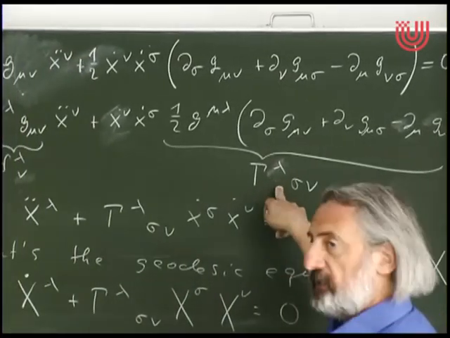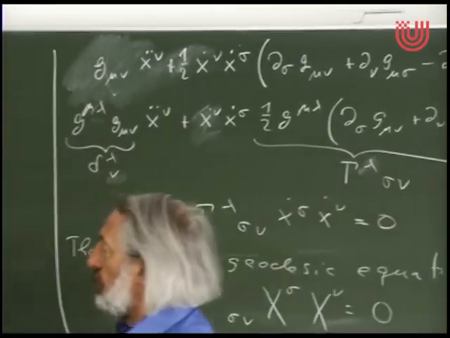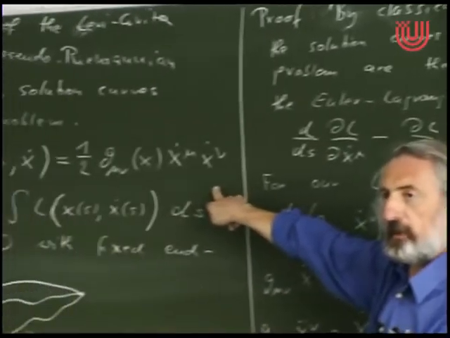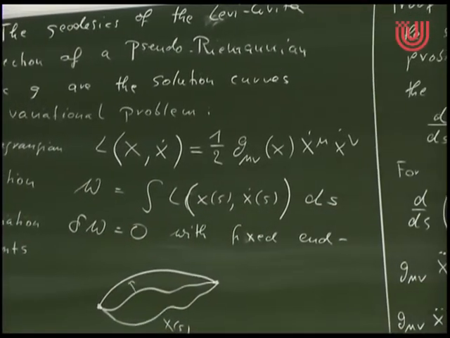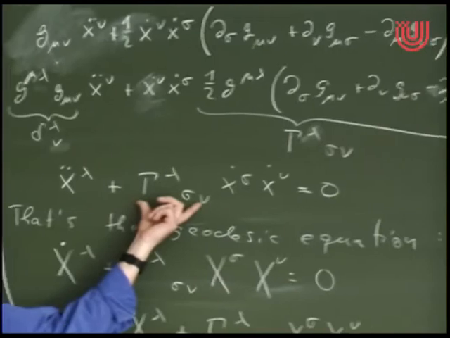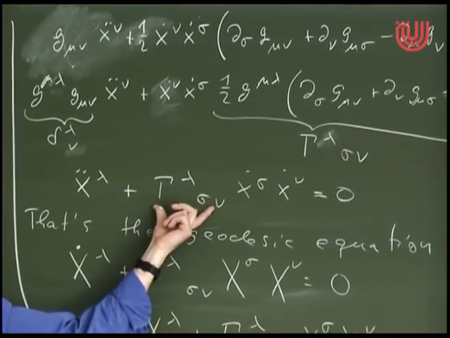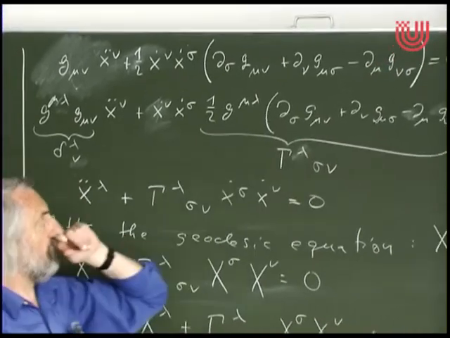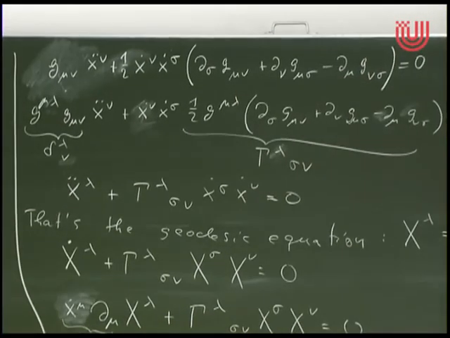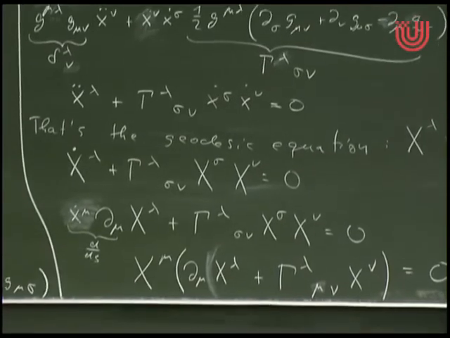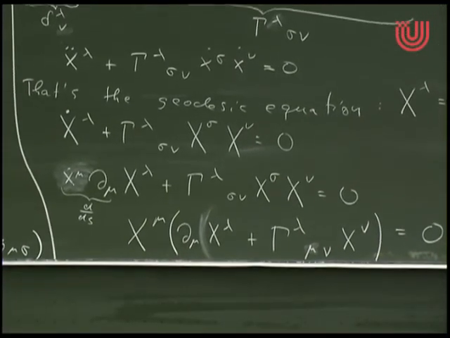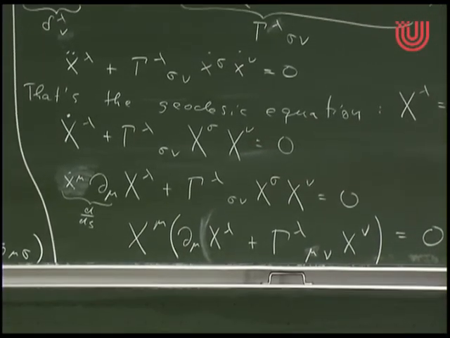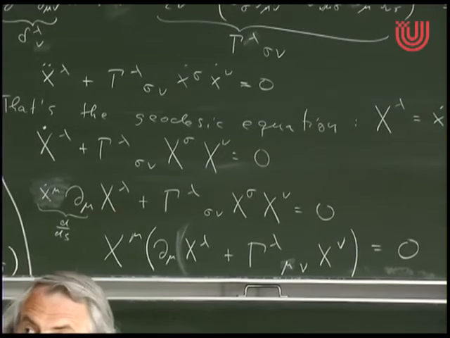If you want to determine the gamma, the best idea is to start with this variational problem and then read off the coefficients from this equation. That's the quickest way to determine the gammas. So usually you wouldn't work it out from this expression directly. Of course you get the same result, but it's not very convenient. So whenever you deal with geodesics, try to work with a variational problem.